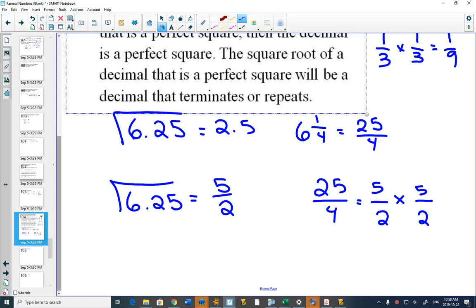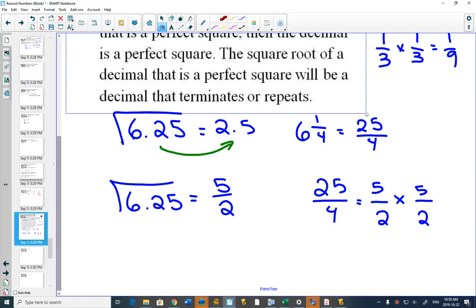2.5. I'm going to say that mental math-wise, working in decimals, this is very hard, unless you have it memorized. If you have the square root of 6.25 is 2.5 as a decimal memorized, easy. But if you don't have it memorized, the math is really hard. I can give you another one, and then you'll be like, I don't know what this is.